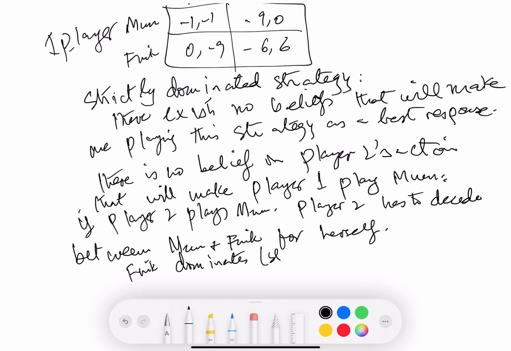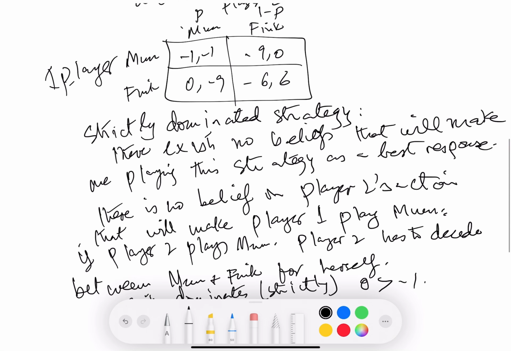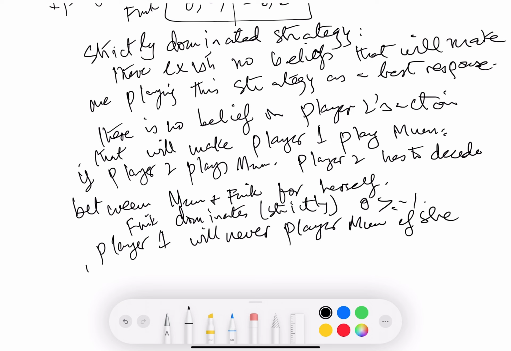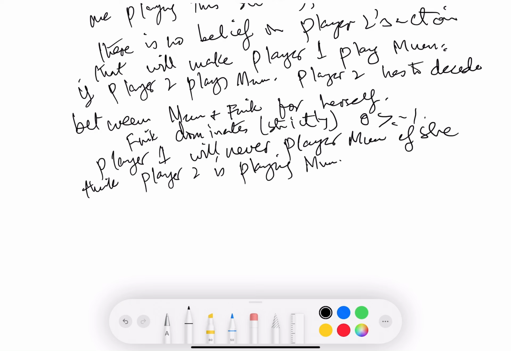And I would say strictly dominates, right? 0 is greater than -1. So player 1 will never play mum if she thinks player 2 is playing mum.